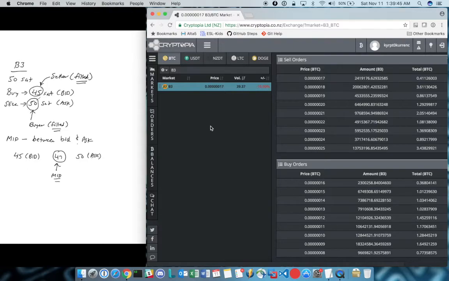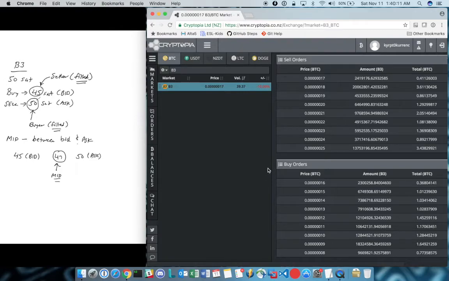If you want to sell a lot of coins in the marketplace and you hit that bid, let's say this is the buy order. If you hit that bid at 16, right, the seller here hits that bid at 16, all these buy orders are no longer going to continue at their current price.